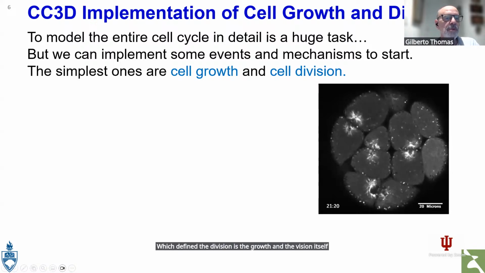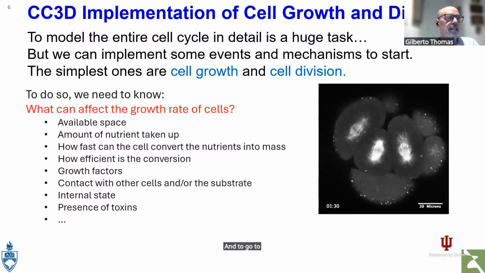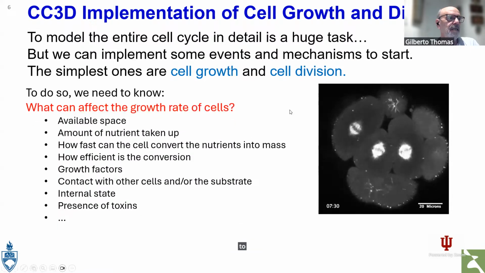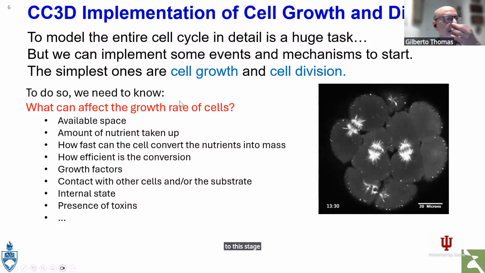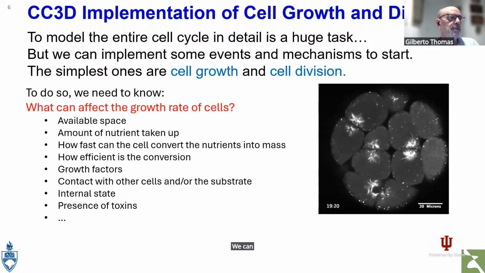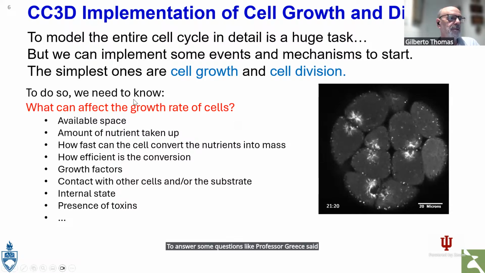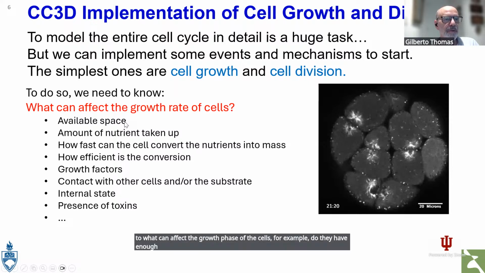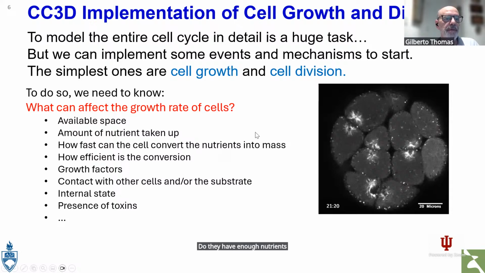And to get to this stage, we can try to answer some questions, like Professor Grace said this morning, about what can affect the growth states of the cells. For example, do they have enough space to grow? Do they have enough nutrients to take up and increase their size, or to have energy to divide?